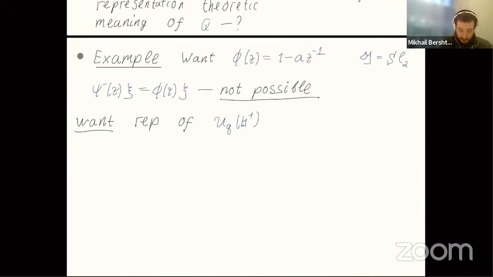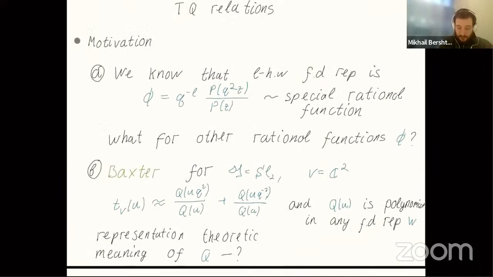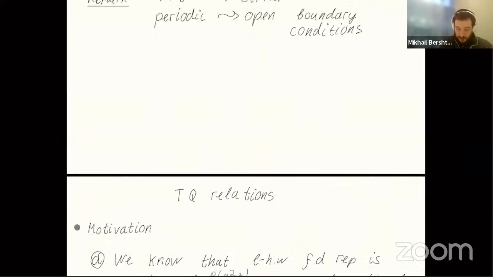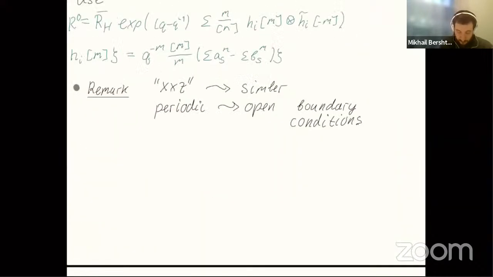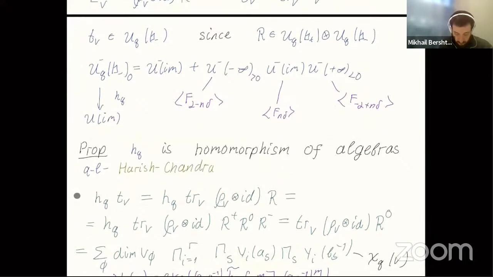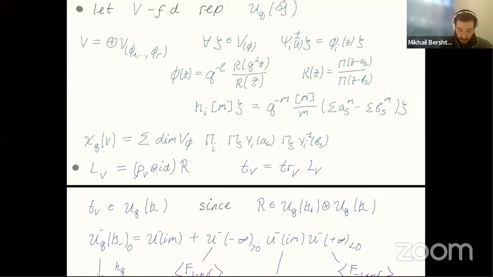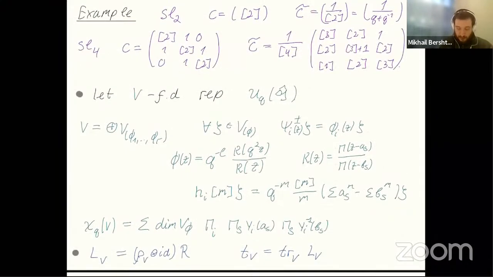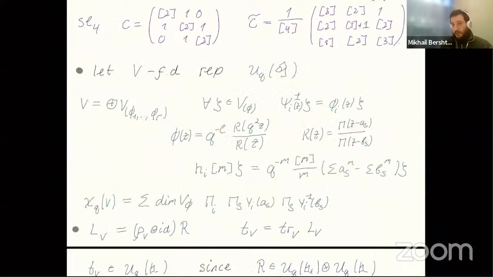This is not bad from the point of view of the second motivation. This is sufficient, because even if we have a representation of B plus, we can define TV, where it is defined here, because the first component of this row belongs to B plus, so we can multiply it by rho V and take the trace.